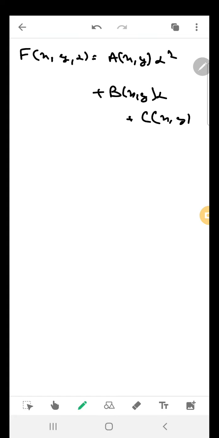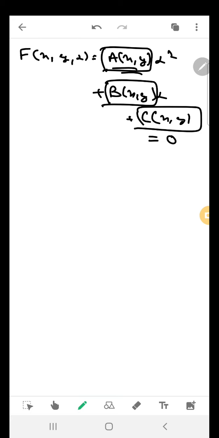See what is a(x,y)? These actually give the coefficients of alpha, right? You equate this to 0, you get one particular equation, and you differentiate this with respect to alpha, so you get 2a(x,y) alpha plus b(x,y) equals 0.